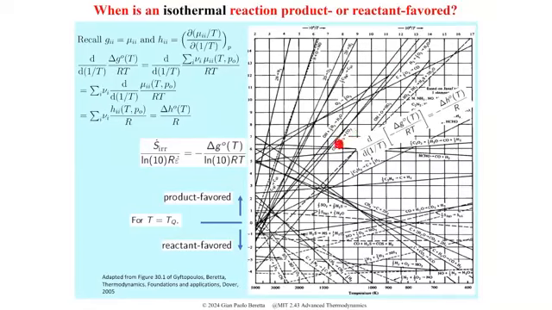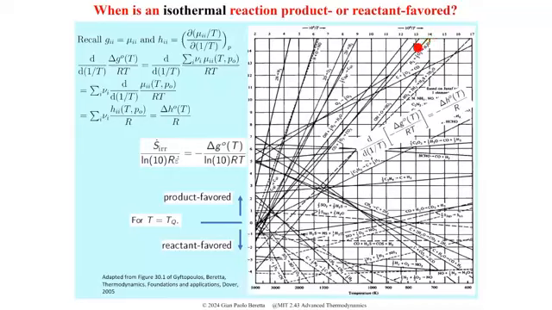And these slopes are represented by the negative of the enthalpy of reaction. So for the exothermic reaction, this is positive. So you see these ones, the ones that go up are the exothermic reactions. For example, CO plus 1/2 O2 is CO2, or water, H2 plus half O2 is H2O, and so on.